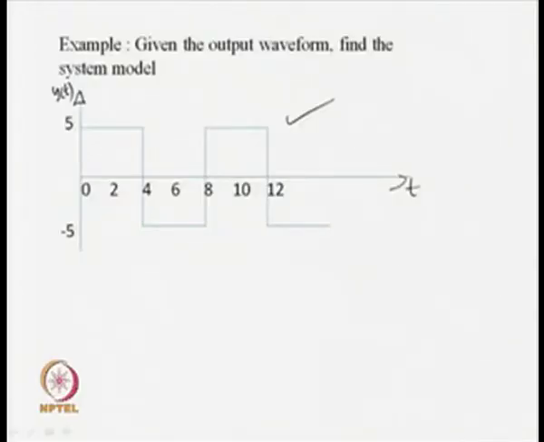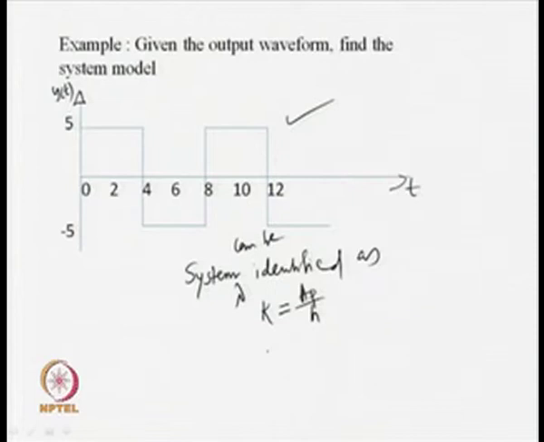From here we can find out the transfer function model of the system. The system can be identified in the form of k e to the power minus theta s. We have seen our first parameter k equal to A p by h and theta equal to P u by 2.